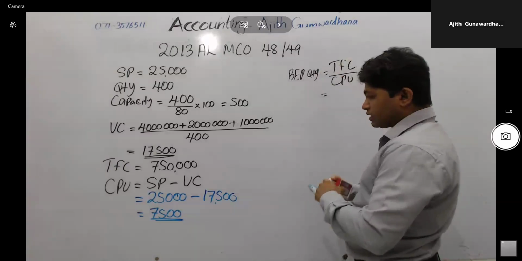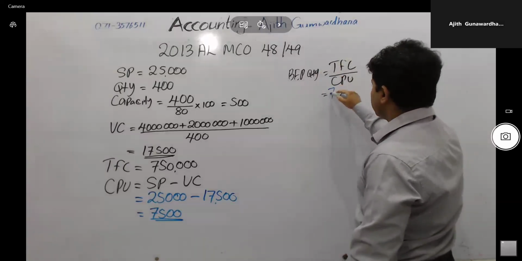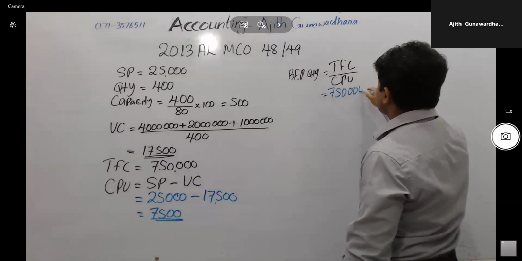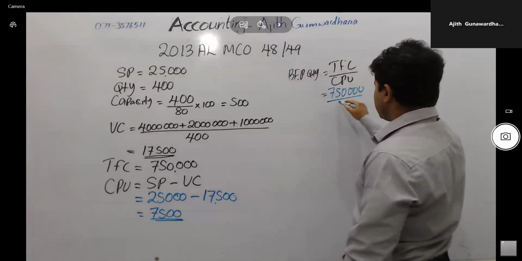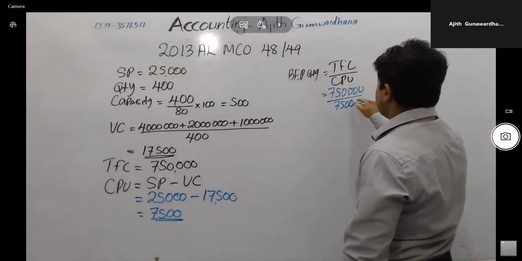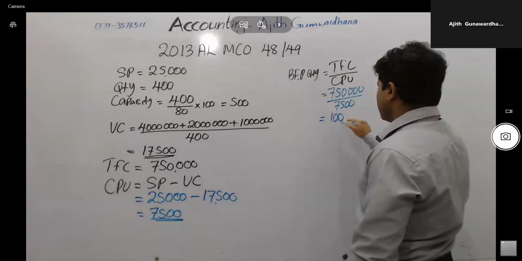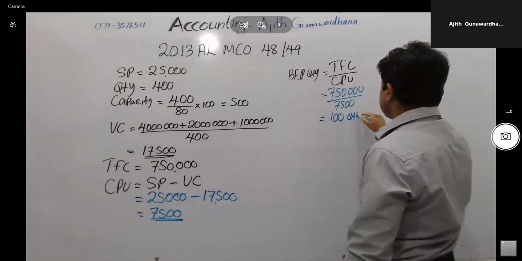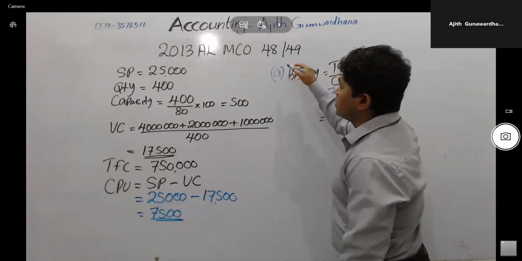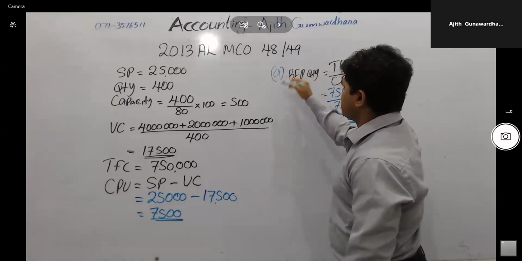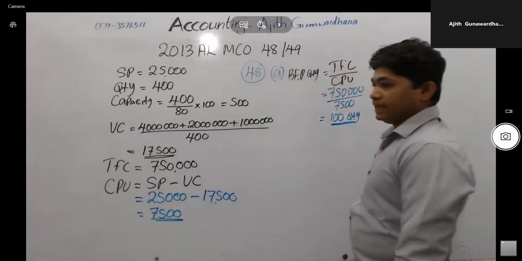Total fixed cost is 750,000 and contribution per unit, selling price minus variable cost, is 7,500. Therefore this is the break-even point quantity in units, 100. This is the part A answer for question number 48.